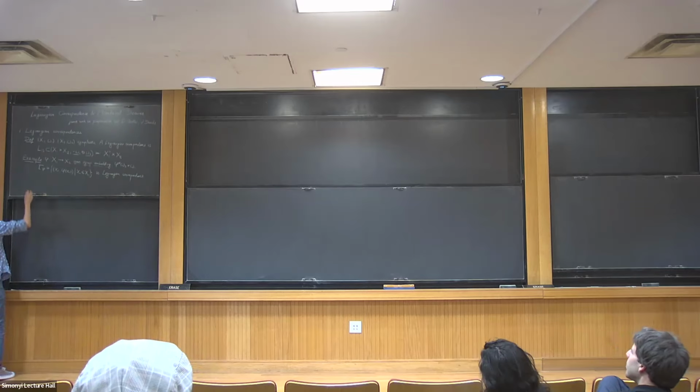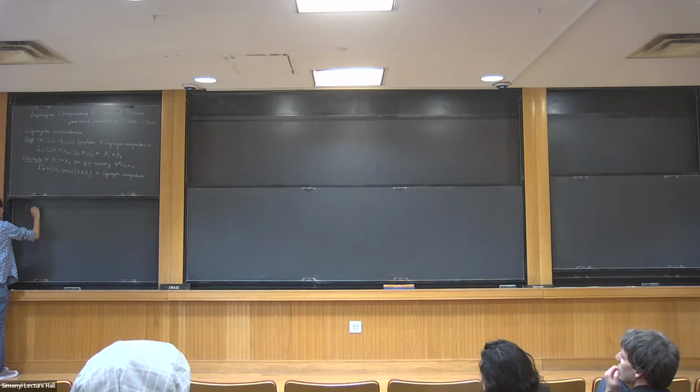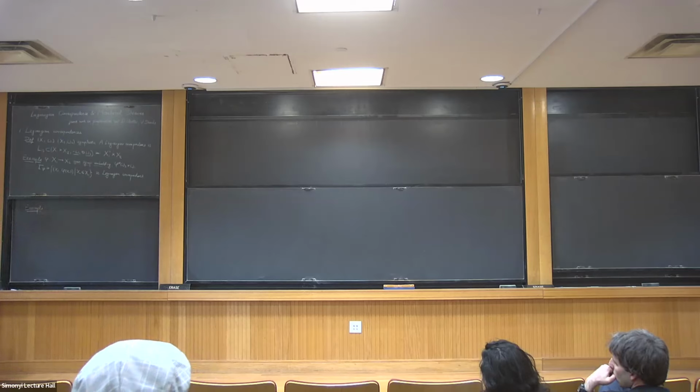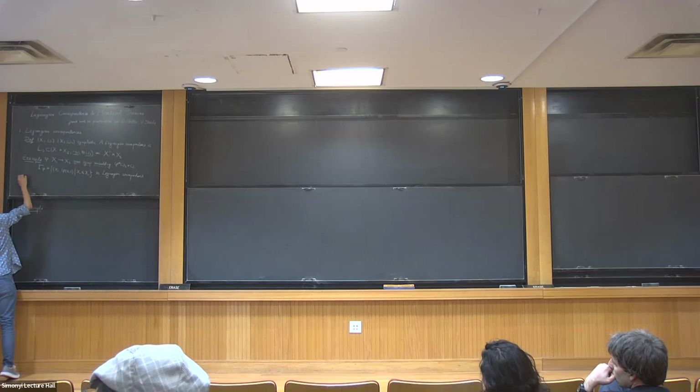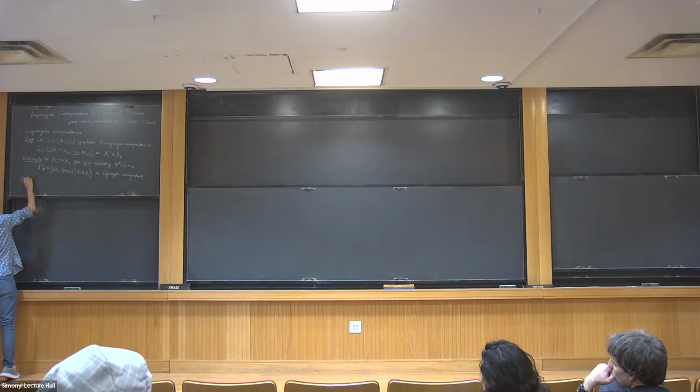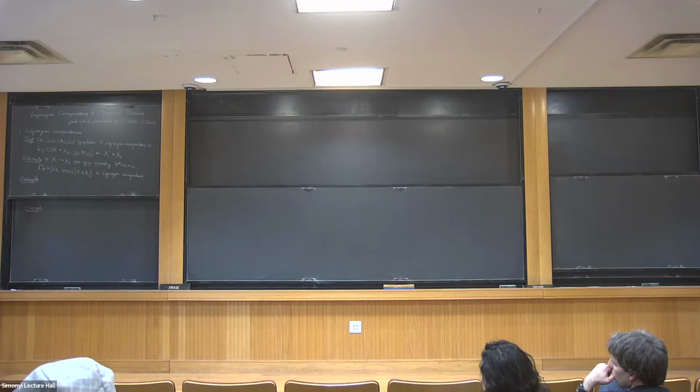Of course, there are supposed to be more examples rather than just symplectomorphisms. Let me try to give some other examples. First, write down the simple example here. What happens if you take one of X1 or X2 to be a point?